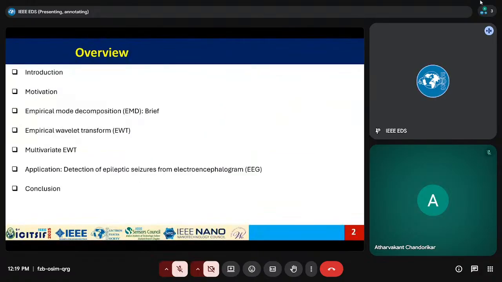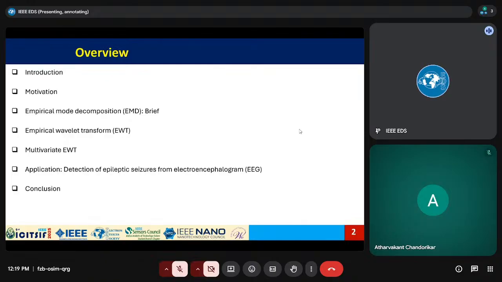This is the overview of this presentation. First, we will see the introduction and then the motivation for this kind of intelligent systems, which are based on multi-channel signal processing. And then empirical mode decomposition. Signal processing used to work in different ways, on different principles, but in 1997 this new way of signal processing came, and one such example is EMD, which will be explained.